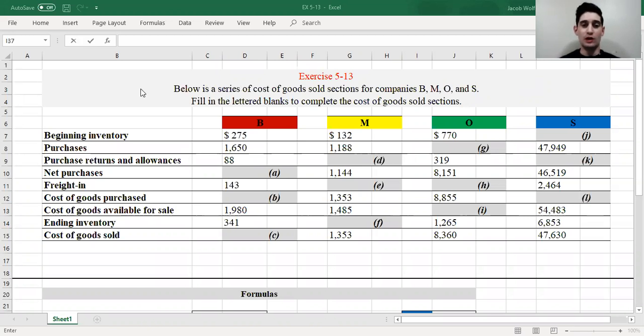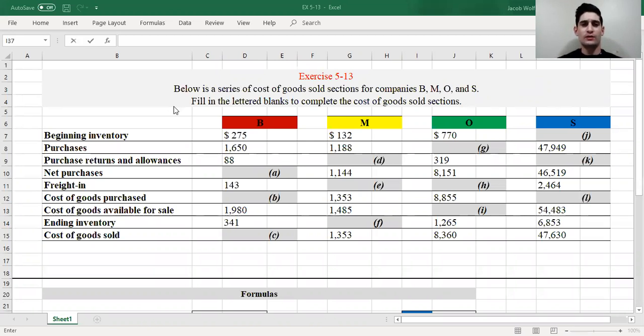It says, below is a series of cost of goods sold sections for companies B, M, O, and S. And then it just has blanks. It says, fill in the lettered blanks to complete the cost of goods sold sections. So basically, we're just solving for the blank.